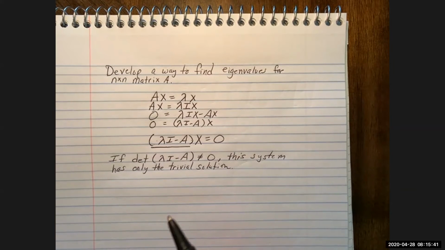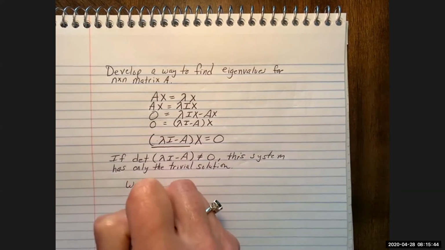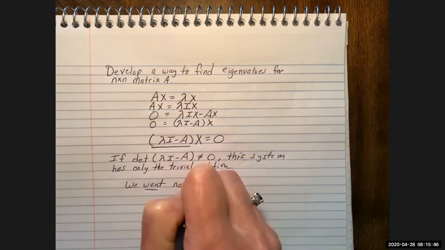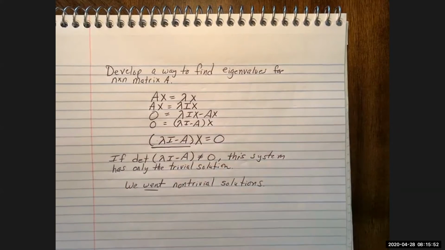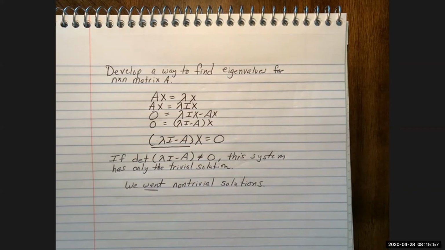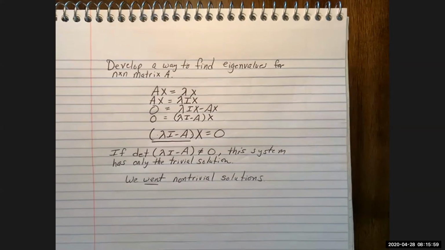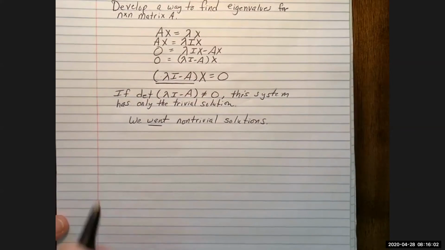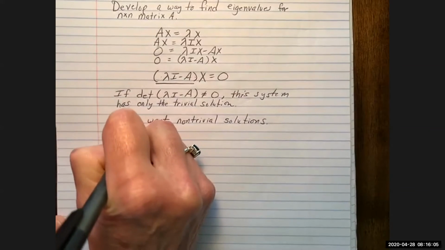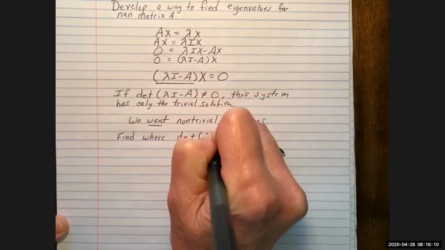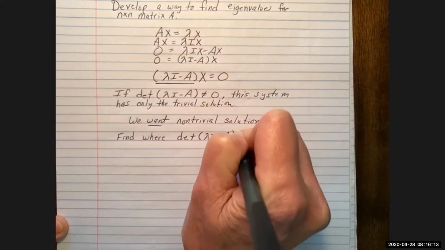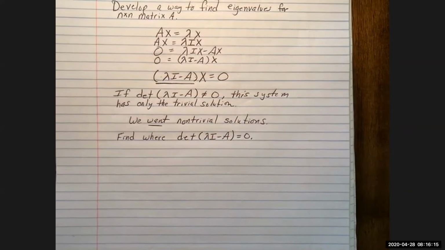We want the opposite of that. So we want non-trivial solutions. So we're going to find where the determinant of lambda I minus A is equal to 0, and that will give us non-trivial solutions.